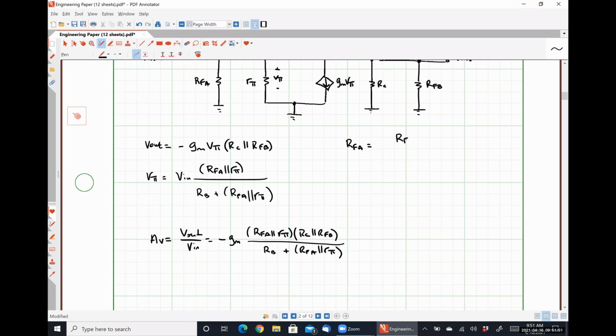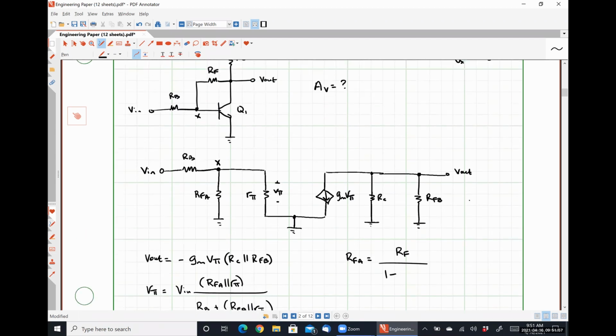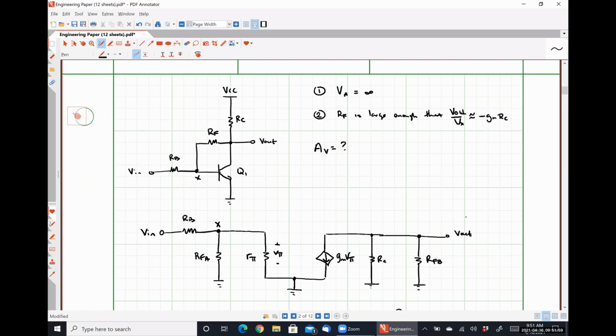our original R_F divided by 1 minus our voltage gain, effectively. That's that K factor that's relating V1 to V2, where in this case, V1 is the voltage at node X with respect to ground, and V2 is the output voltage with respect to ground.